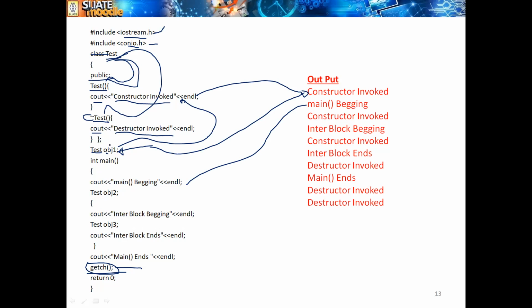When you create an object, the constructor is called automatically, and this output comes.